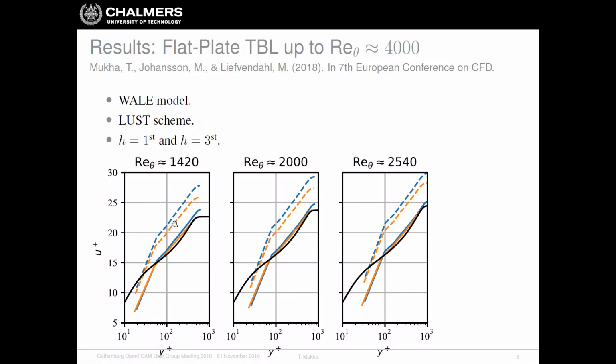So when we sample from the wall adjacent cell, we have this systematic upward shift of the mean velocity profile in inner scaling. This is also sometimes referred to in the literature as the log layer mismatch. So the true log layer is here, but our results are shifted in comparison to the truth.